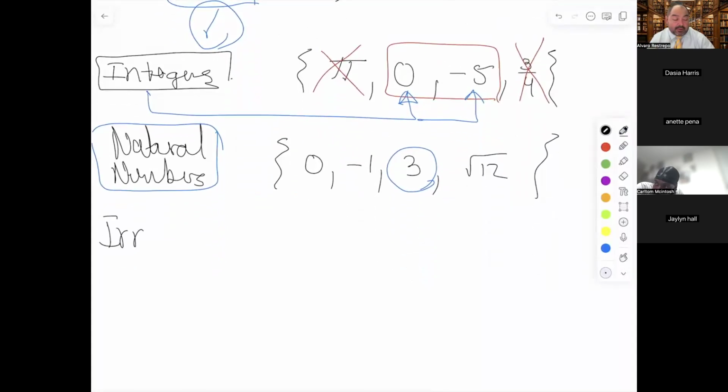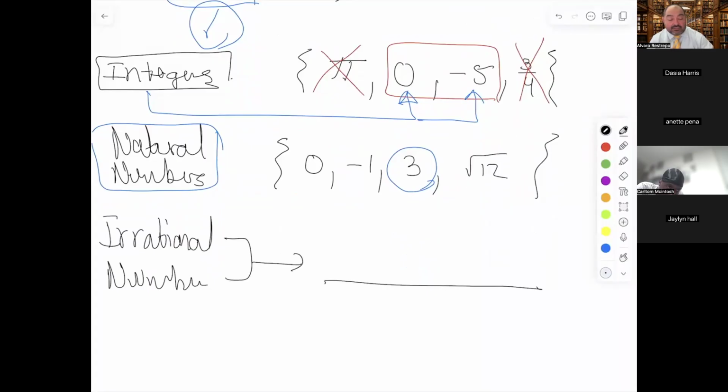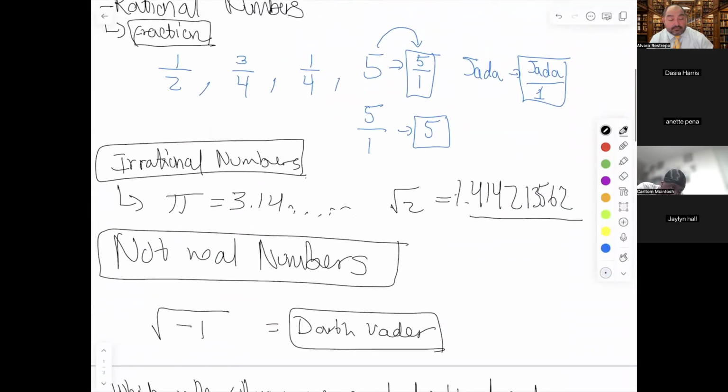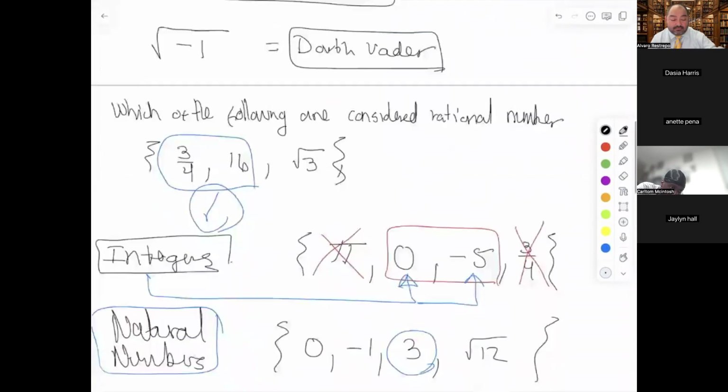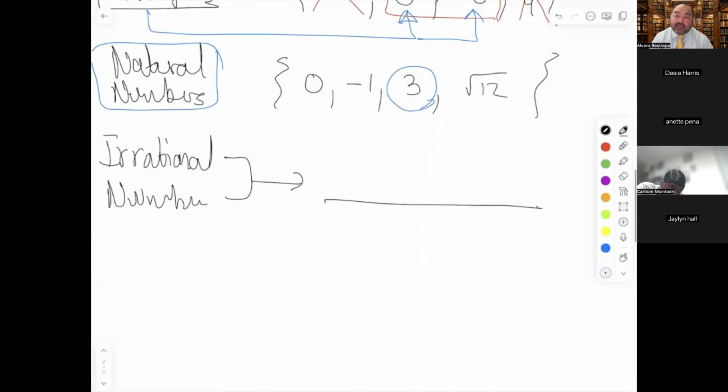Give an example of an irrational number. Anybody? Is that like pi?